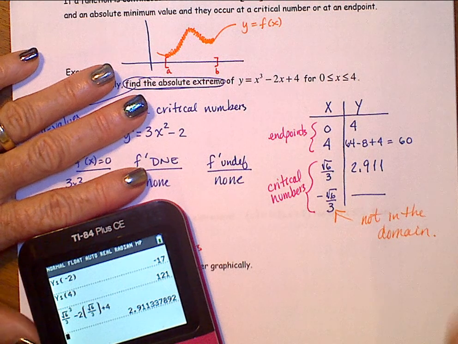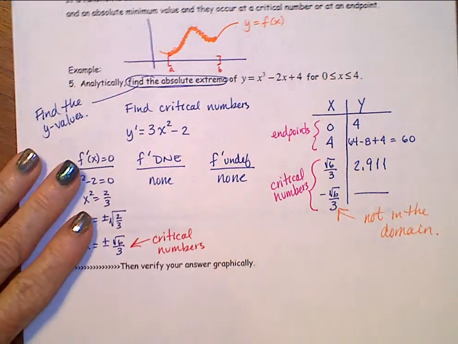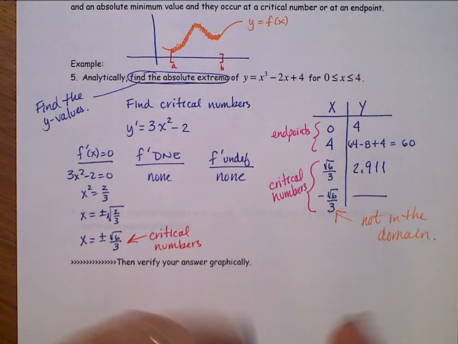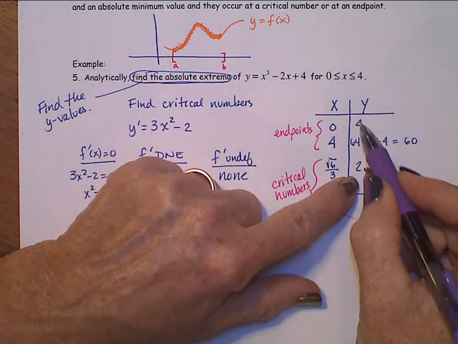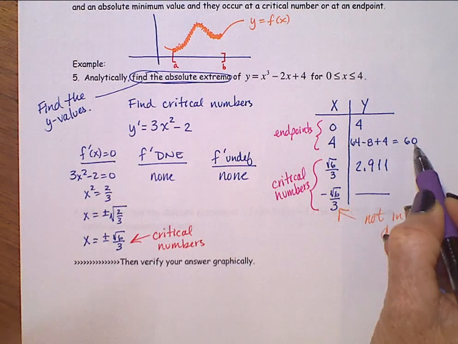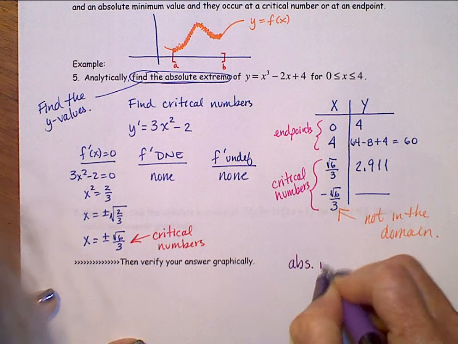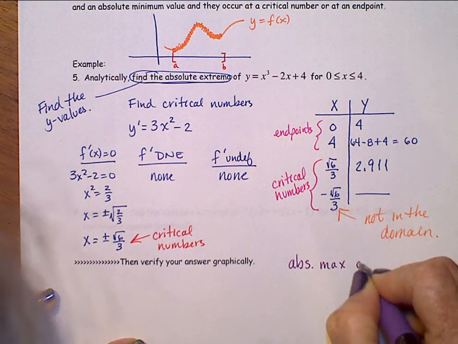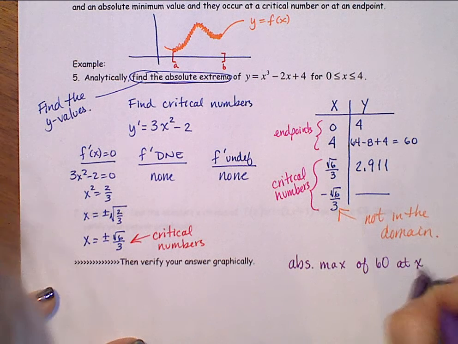All right, now once you have this t-chart completed, then we can go ahead and figure out where we have our absolute extreme values. So looking at this, of these y values, the 60 is the largest, so we have an absolute maximum of 60 at x equals 4.